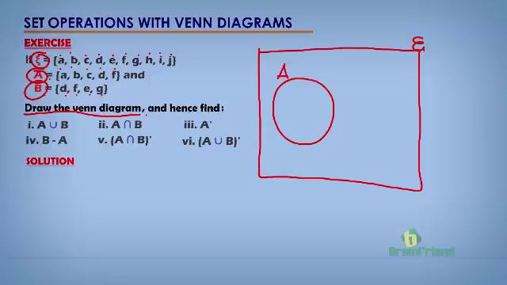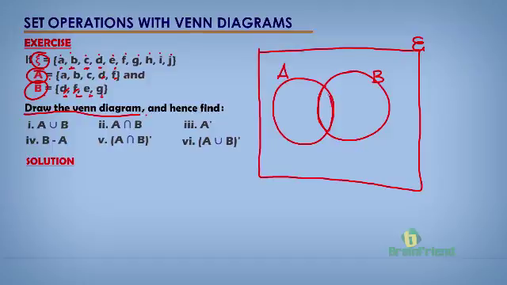So let's quickly find out if we have common elements between sets A and B. Set A has A, B, C, D, and F, while B has elements D, F, E, and G. We have common elements, and those are D and F. Therefore, we will now draw our circle for the set B to intersect our set A at this point.